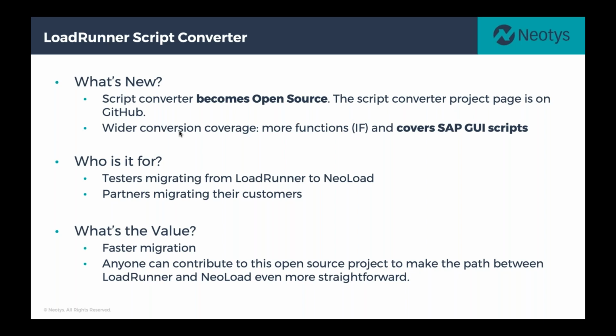We can now cover this SAP GUI script, so we have a wider conversion process. But now we're allowing teams to migrate with some really high-level custom stuff that they want to do, and they can integrate that into the open source script converter and then use it against their project. So again, this is making it faster for teams to migrate off of a tool like LoadRunner back onto NeoLoad.